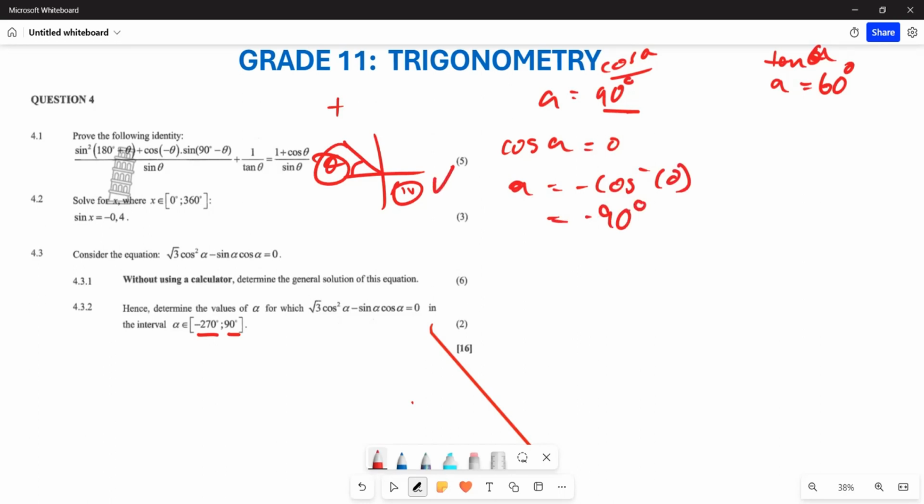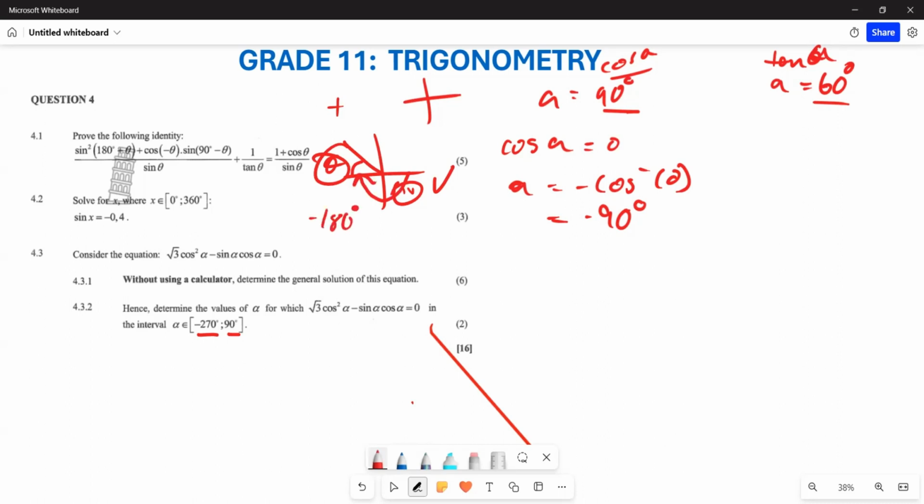Now in this one, your tan, what is it that you're going to do? You are going to say, where is your tan negative? Remember, if this is your Cartesian plane, you got your tan as 60 degrees. What else are you going to do? Starting from here, if I can say 180 degrees subtract your 60 degrees, or rather, because they want us to consider the negative side of it, we are saying, starting from the negative part, when you start from here, negative tan is here, which is negative 180 degrees.